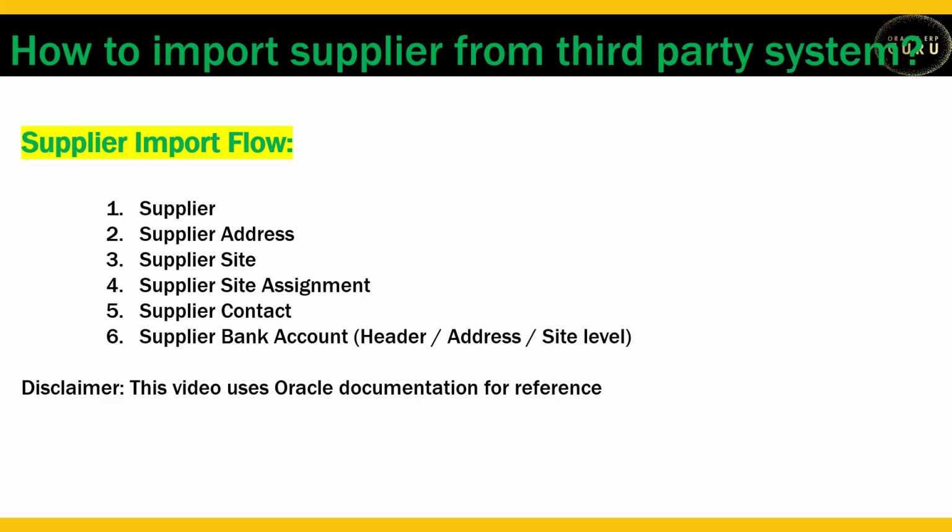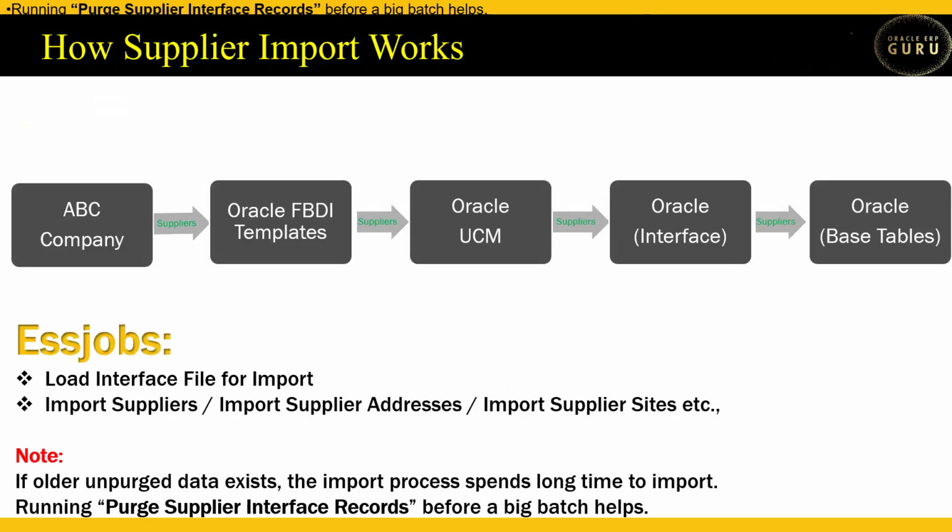So today I'm going to explain how to import suppliers from a third-party system. In this video, I'm going to show step by step how to import suppliers from a third-party system into Oracle. Everyone knows why we import suppliers, right? For example, my company recently purchased a supply chain company, let's say ABC.